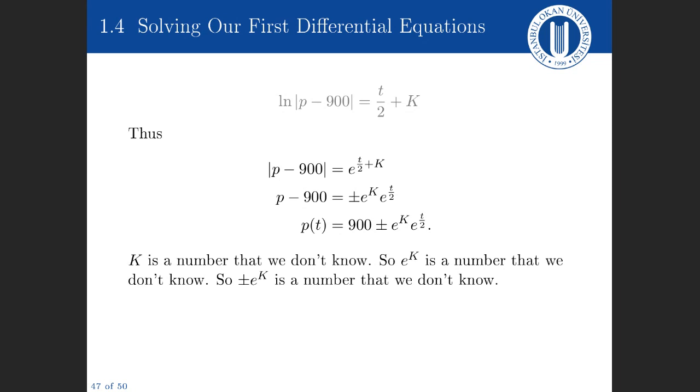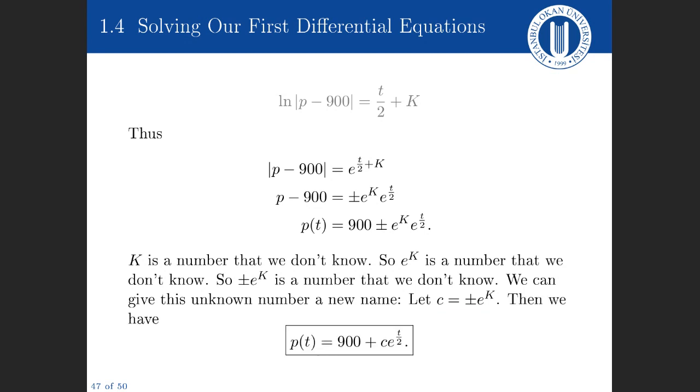We can give this a new name. For example, we can say, let small c be plus or minus e to the power k. Then small c represents the number that we don't know. Then we could write that p of t is 900 plus c e to the power t over 2. And this is the solution to the mice and owls equation.